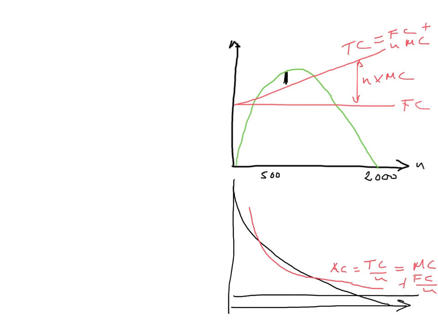And now we have to make sure that our average cost is not higher than what we could generate in revenues, here and here. In between this interval, we are able to make a profit.